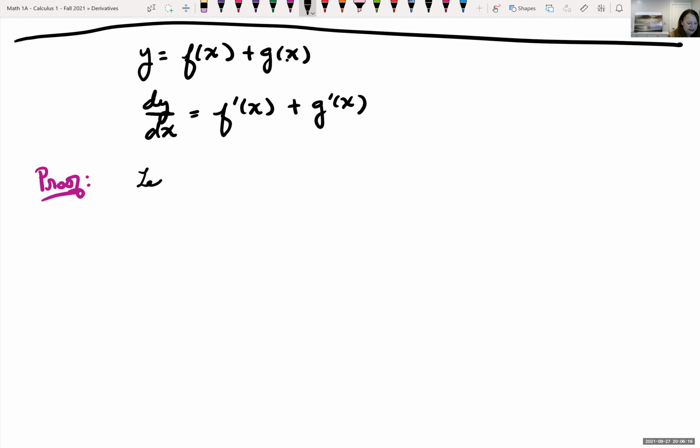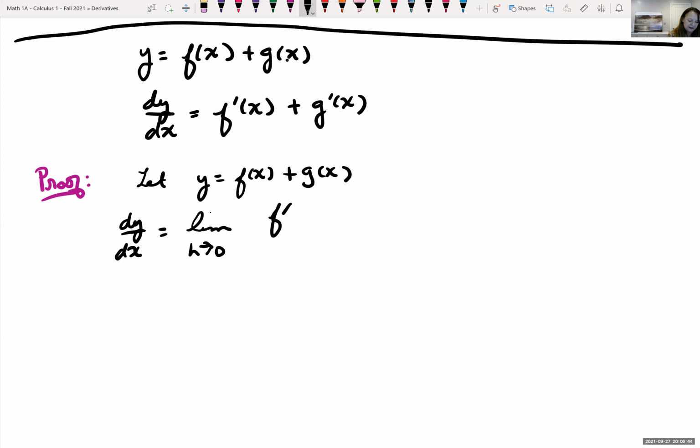So let's just define again, y equals f of x plus g of x. And the derivative dy dx, the long way, is the limit as h goes to 0 of f of x, or plugging in x plus h wherever we see an x.